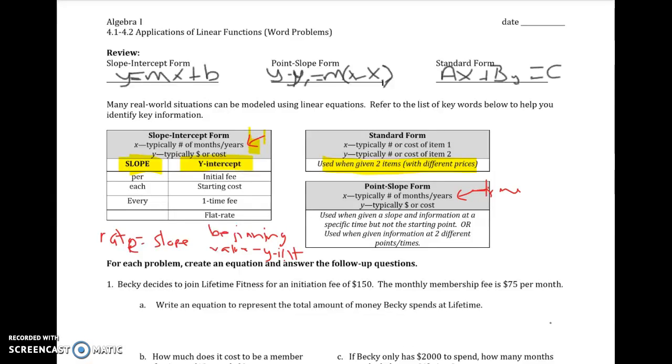But this is used when we're given a slope, so we're given a rate, but we're also given information at a specific time that's not a starting point. Or sometimes they give you just two different data points. So I'm going to call this rate plus a data point. The pen's not working very well today. Data point.